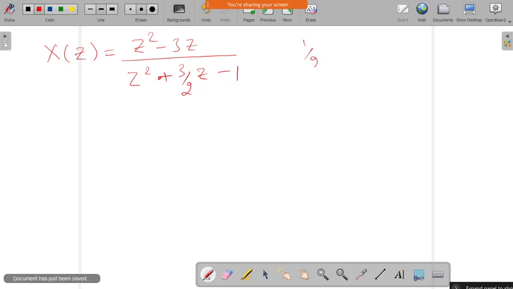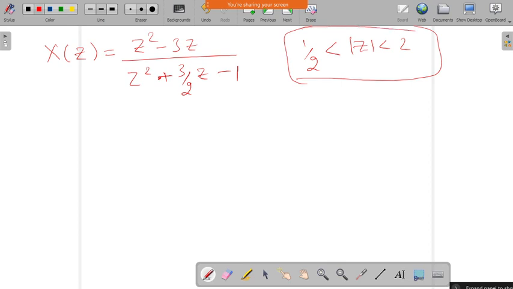The ROC is half less than z less than 2, so we have to keep that in mind. With this ROC, you have to use the long division method and convert the numerator into a factor which is lesser than the denominator. Then you have to factorize, get the coefficients A and B, and finally get the inverse transform.